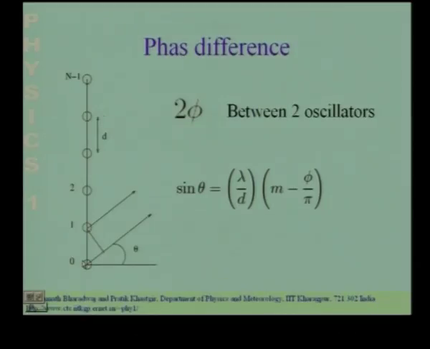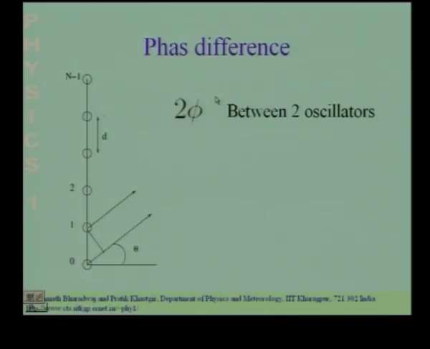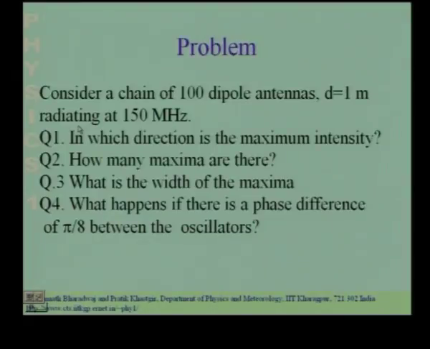So, the problem is as follows. Consider a linear chain, a chain of 100 dipole antennas. So, each oscillator over there is a dipole antenna. So, in this picture, each oscillator is a dipole antenna and we have 100 such oscillators.